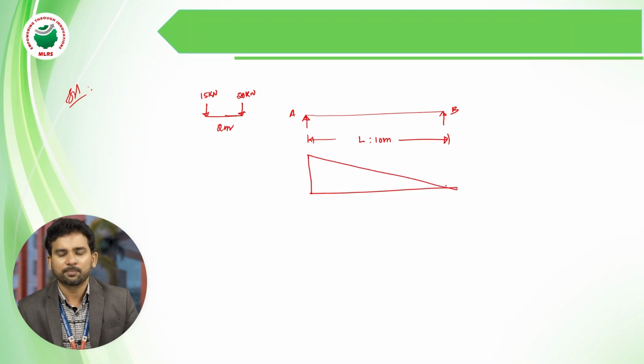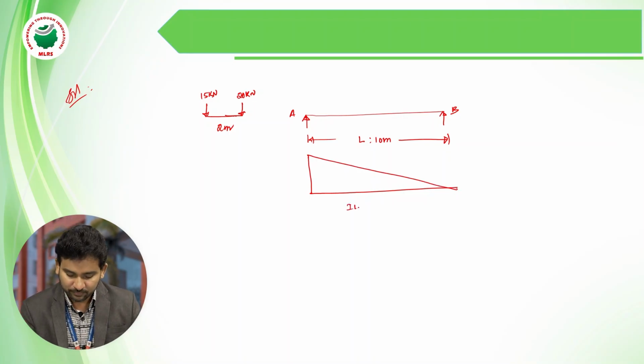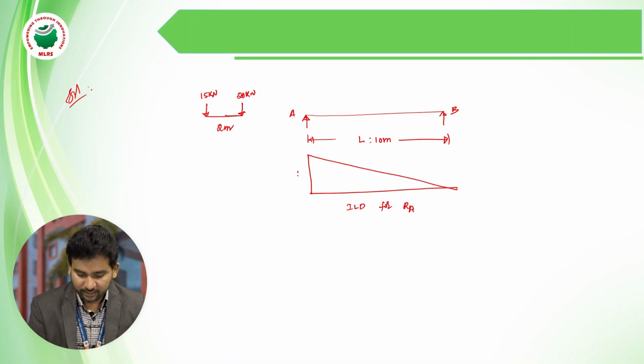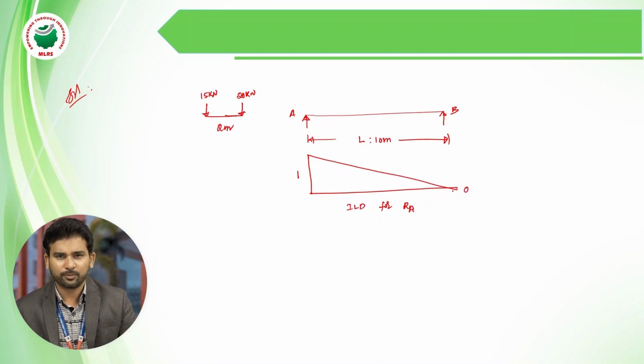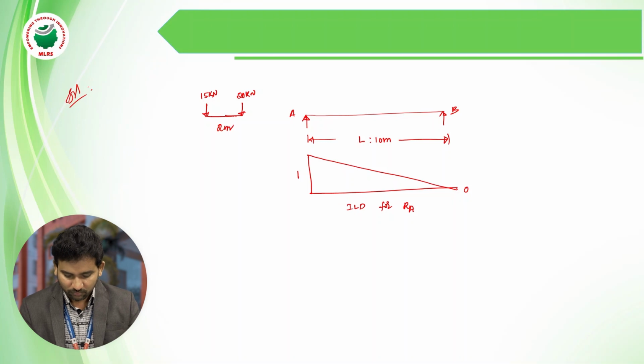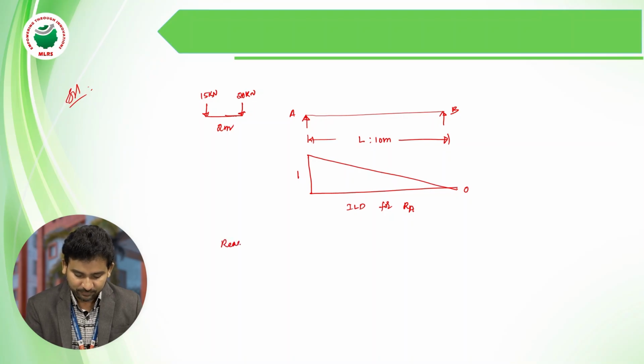This is the shape of the ILD for RA, where ILD is the influence line diagram. The ordinate here is 1 and here is 0. Next they are asking about the maximum reaction. We know that the reaction is load into ordinate.